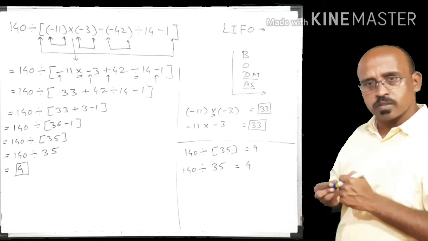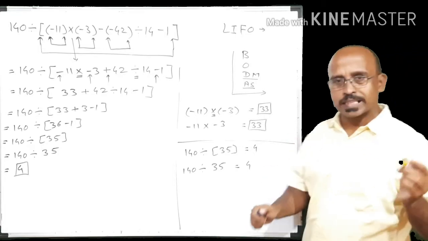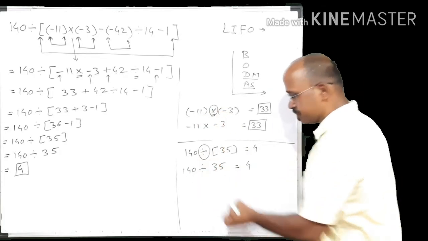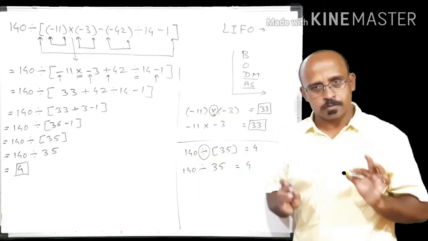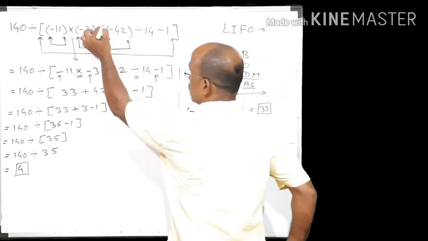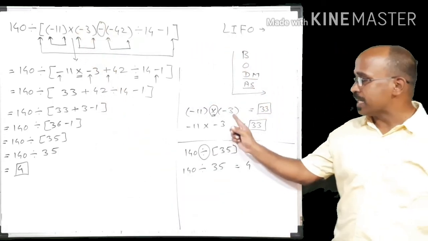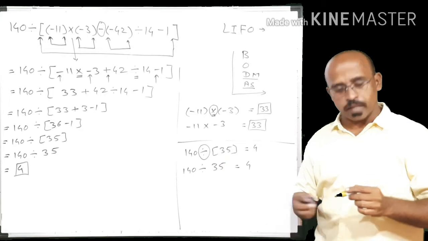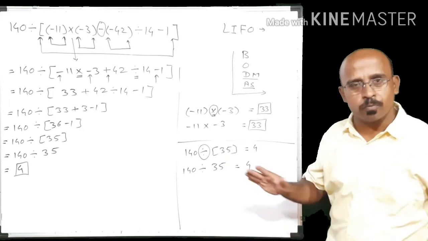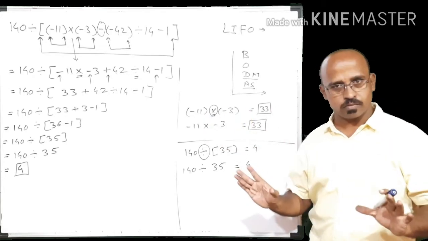So what is the moral of this story? Moral of the story is, whenever there is multiplication or division out of the bracket instead of addition or subtraction, as here is subtraction, right? So whenever there is multiplication or division out of the bracket, then instead of removing the bracket, you can directly perform the multiplication or division if there is only one number in the bracket.